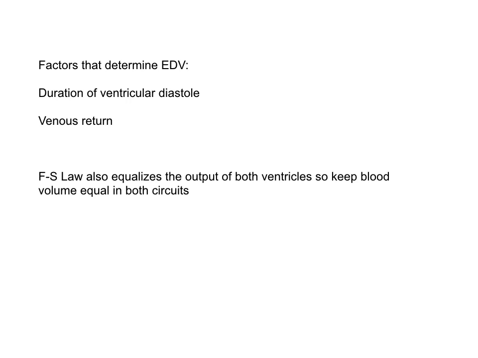Now, before leaving this slide, I do want to mention one other thing that the Frank-Starling law accounts for. The Frank-Starling law also equalizes the output between the right and left ventricles. And this is important because it's going to guarantee that you have the same volume of blood flowing through both your systemic and pulmonary circuits.